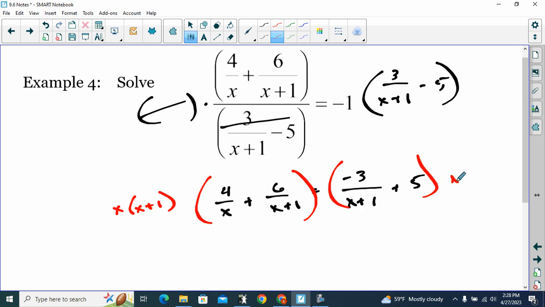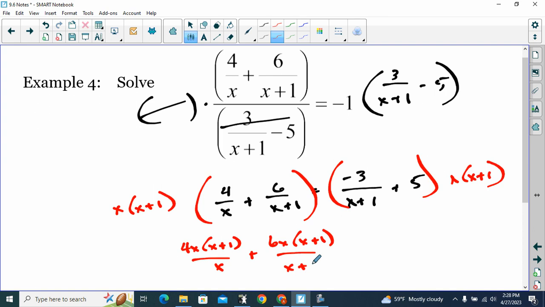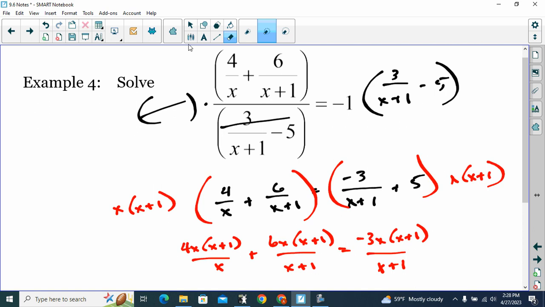If I multiply the left by that, I multiply the right by the same thing. Distribute. Whoops. That's not an equal sign, that's a plus sign.